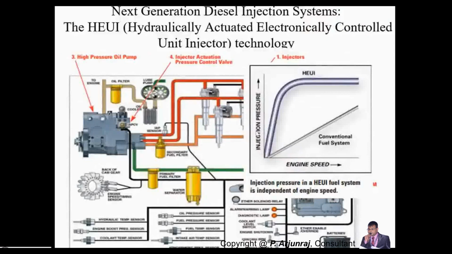See here, when you're going for this hydraulic operated one, the injection pressure is going to be higher, which means you get less particulate matter emission also, which means even the unburned hydrocarbon will be left away. You get less hydrocarbon.